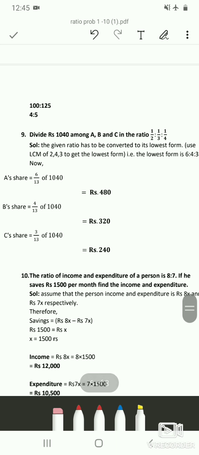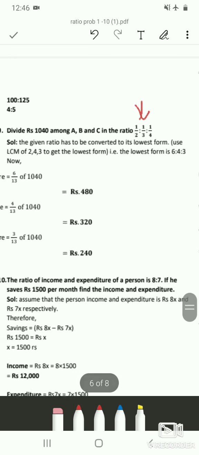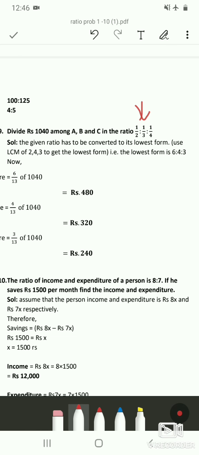Here there are 3 persons and the ratio is given as fractions, that is 1/2:1/3:1/4. Whenever you have the given ratio in such form, you have to convert it to its lowest form, which can be done using the LCM.